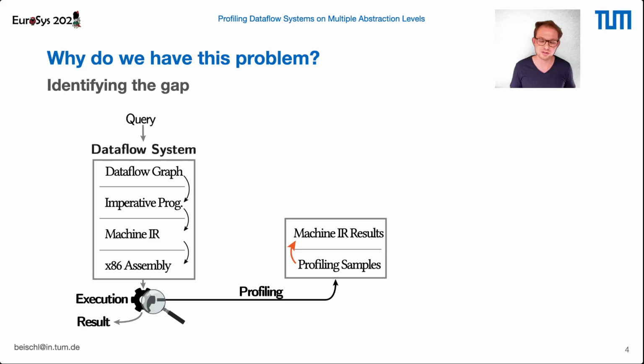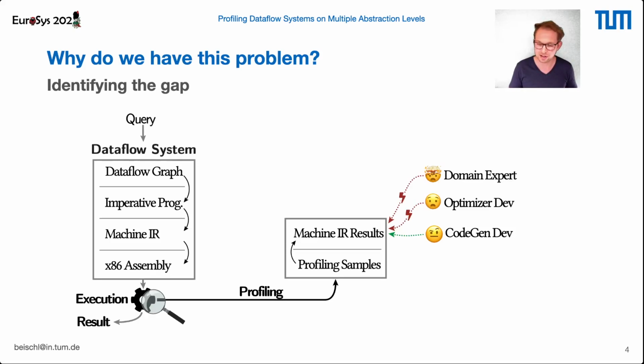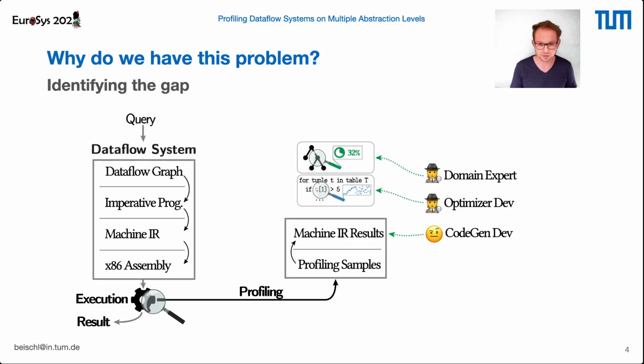These profiling results now might be useful for the developer of the code generation engine. But for any developer of a higher level in my dataflow system, they are too low level to make any use of them. Still, those developers would need profiling results mapped to their components of the dataflow system to optimize also their components.